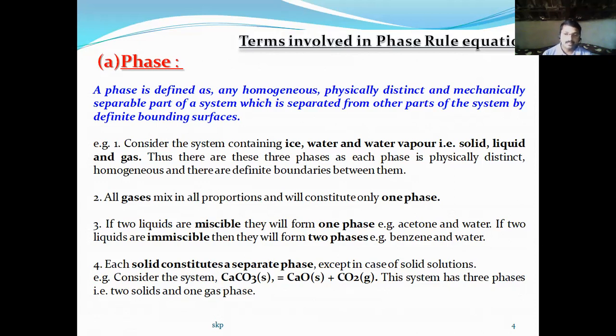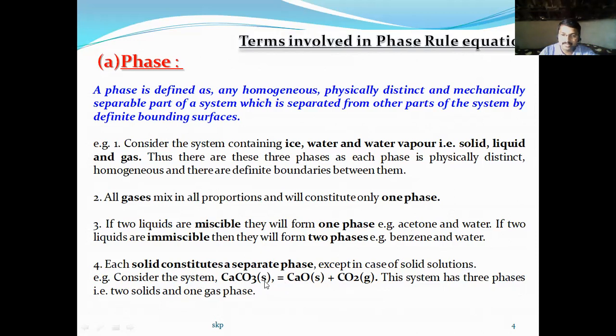But liquid mixtures like acetone and water are mixed in such a way that we cannot easily separate them by physical means. It needs distillation-type techniques. For solids, it is considered that a solid constitutes a separate phase except in the case of solid solutions.